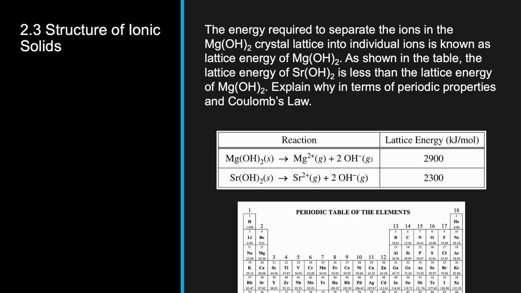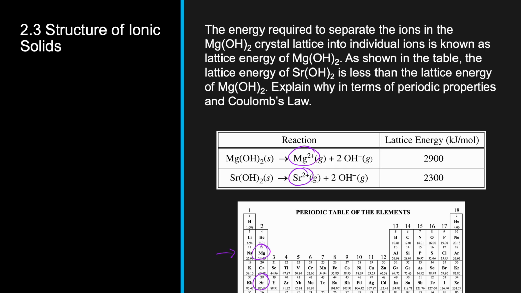So we can see in both compounds, we have a 2+ cation. So we're specifically looking at distance here because all of our ion charges are the same in both compounds. So looking at magnesium and strontium on the periodic table, we can see that magnesium is much smaller because it's only going to have 2 occupied energy levels.